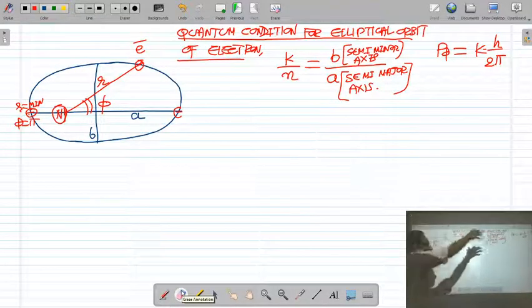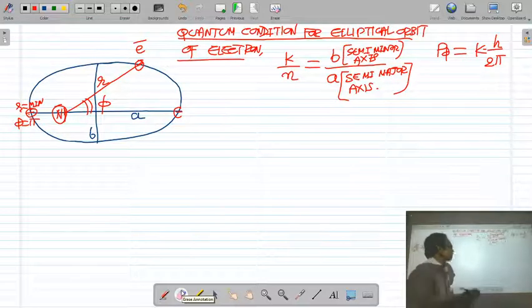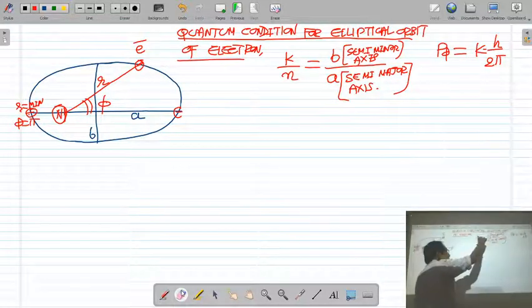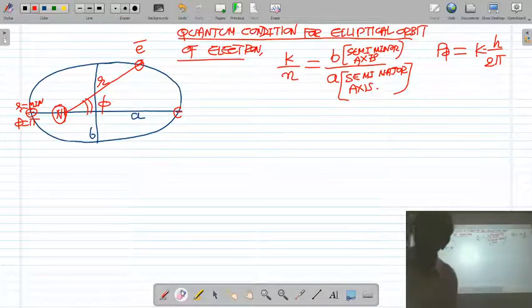Now, using these two relations which we have derived by applying the Wilson-Sommerfeld quantization condition, p phi is equal to kh upon 2 pi and the quantum condition k upon n equals b upon a, we will determine the semi-major axis a and the semi-minor axis b of the elliptical orbit, and then we will also find the energy of the electron. So first we calculate the energy.